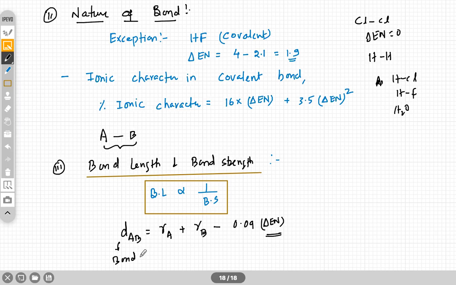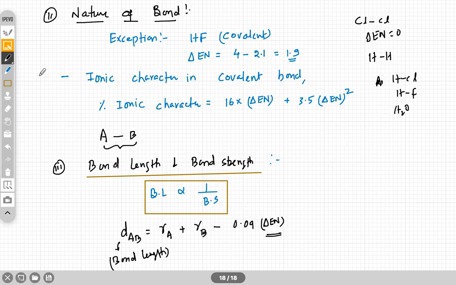Again, I'm repeating this again and again: you don't have to bother with where all these formulas come from. There is no derivation; it is based on facts, and they used a hit and trial method to give these kinds of formulas. So as electronegativity difference increases, this value increases, hence bond length decreases, so bond strength increases.